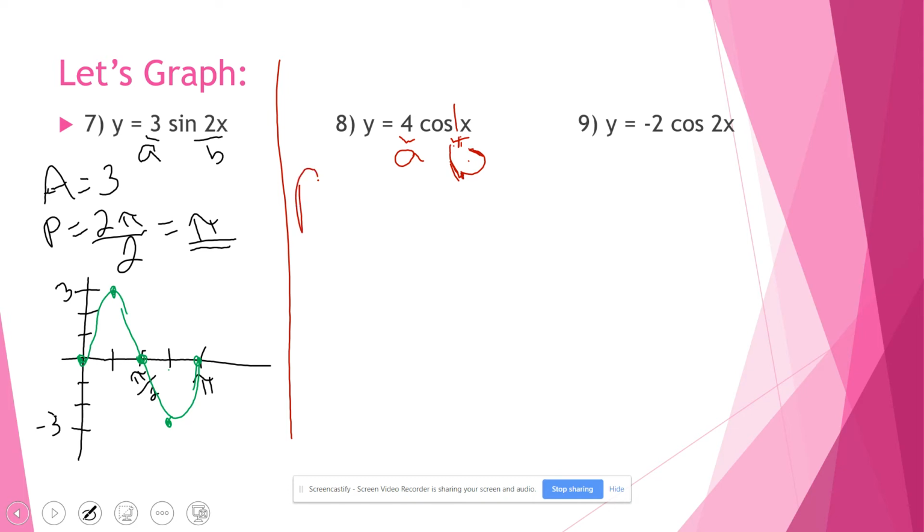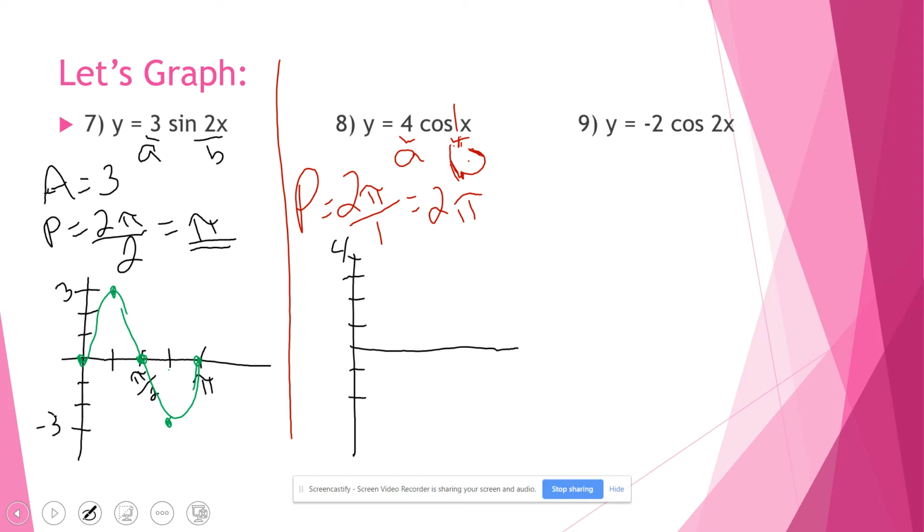Anyway, so for a period, we would then have 2 pi over 1, which is 2 pi. Our y-axis then has to go from 4 to negative 4 for our amplitude.